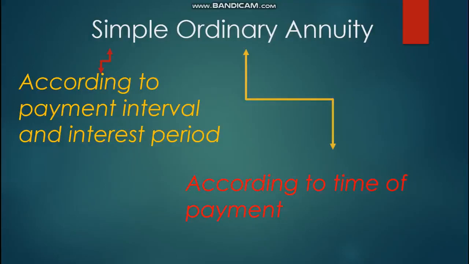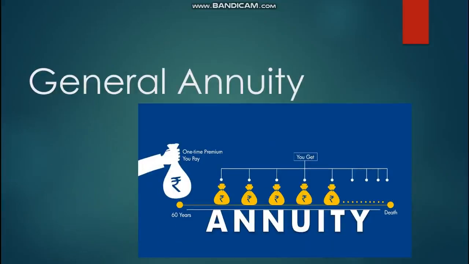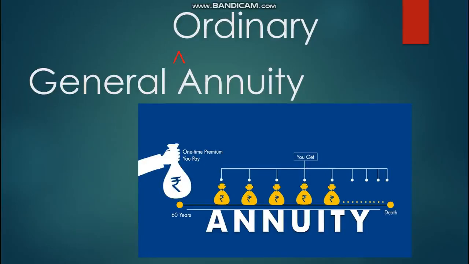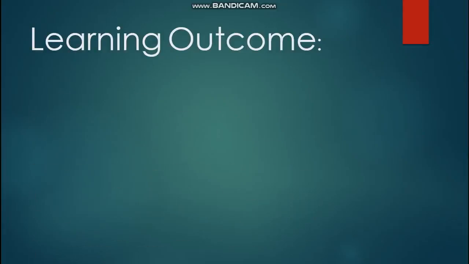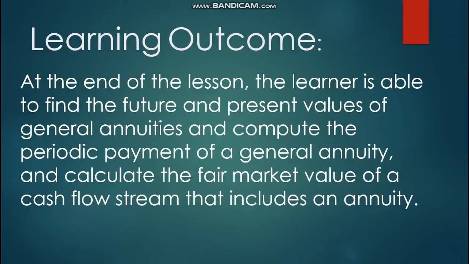And today, you will learn a general annuity or specifically general ordinary annuity. Okay? And it consists of these learning outcome. At the end of the lesson, you will be able to find the future and present values of general annuities and compute the periodic payment of a general annuity and calculate the fair market value of a cash flow stream that includes an annuity.